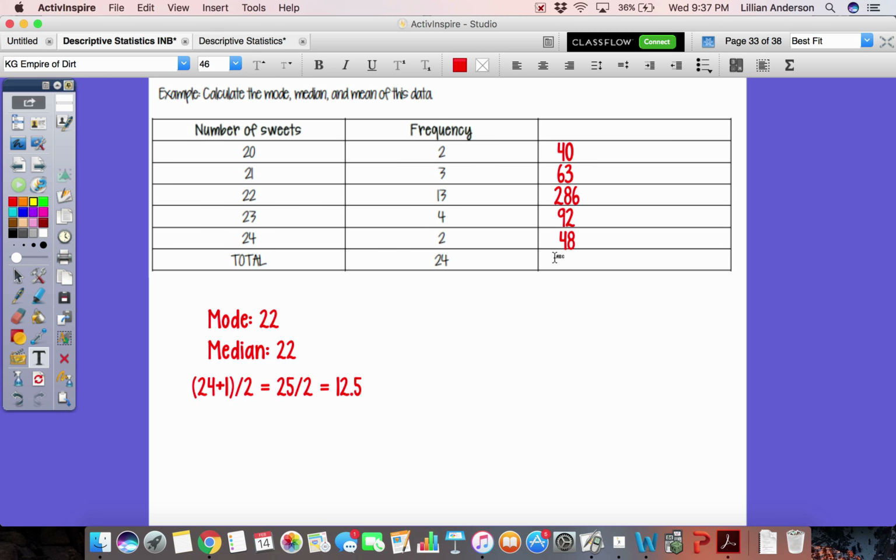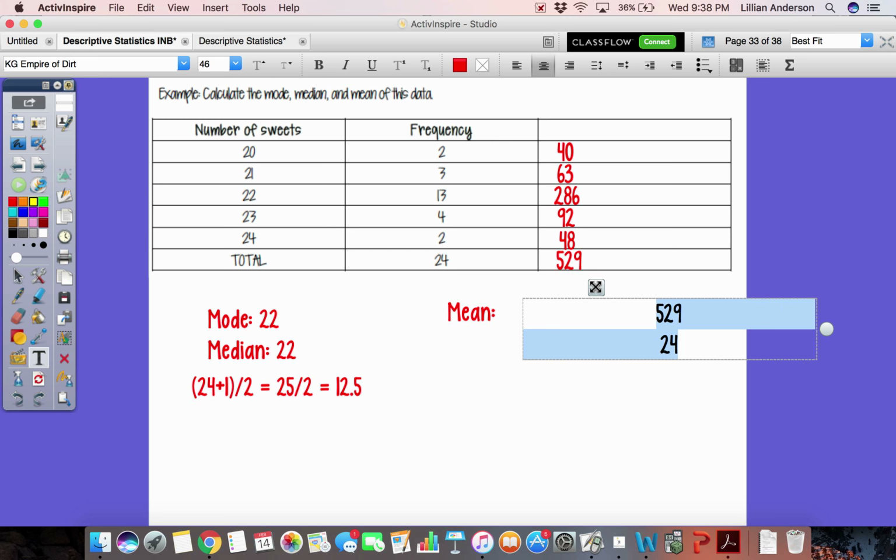The next step is we're going to add all those up together. So once we add all those up together, we get a total of 529. That's step 2. And so to find the mean, we're going to take that total of 529 and divide it by our total frequency.